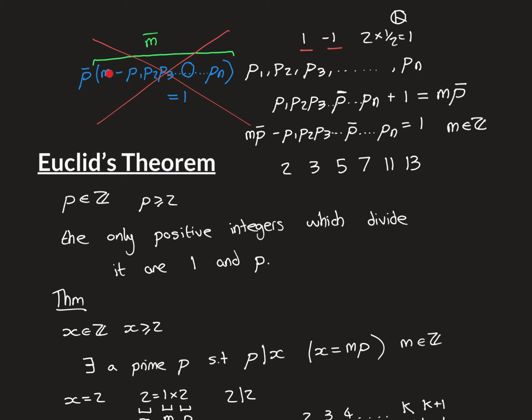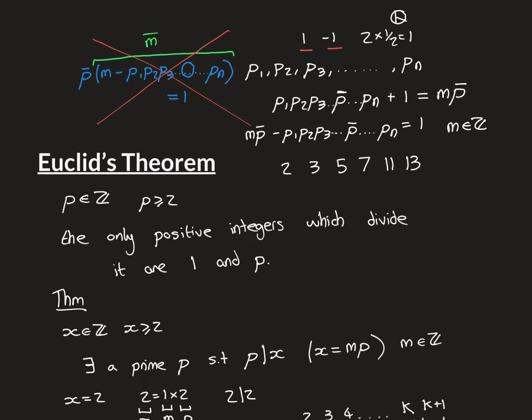But m is an integer, and this great big thing is an integer, so we're just taking m and subtracting off another integer, or adding the additive inverse of this integer. That will also give you an integer, because the integers are closed under addition. So we can redenote this m bar. So we now have an equation that p bar, this prime, times another integer is equal to 1.